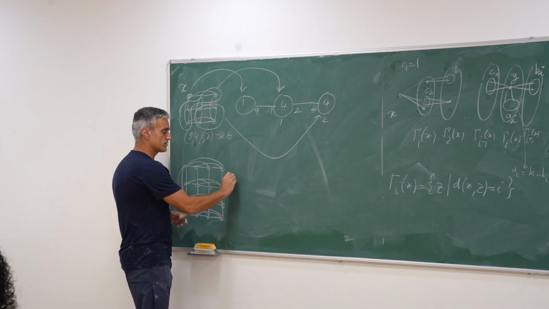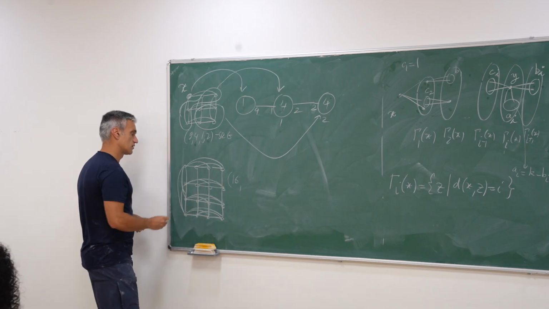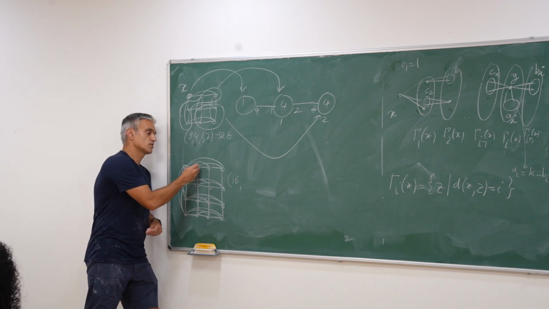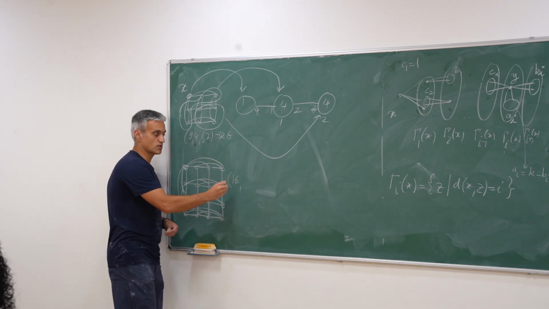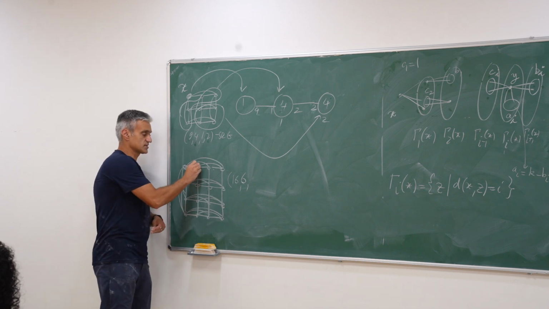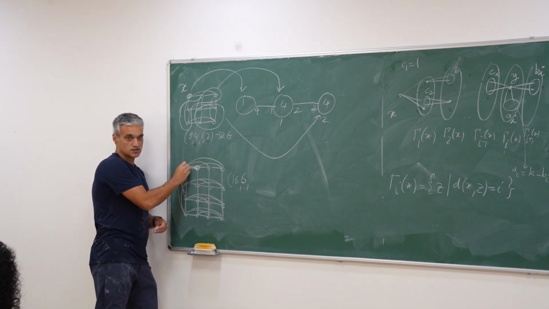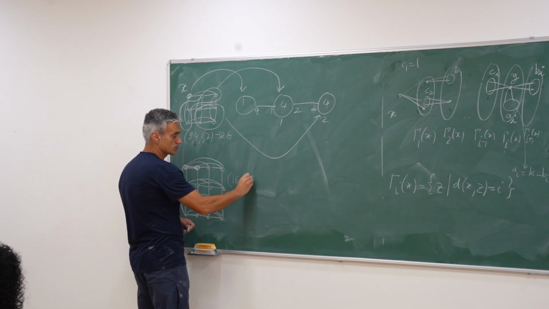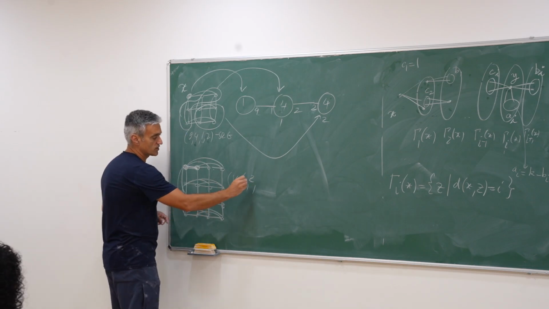So this graph will have 16 vertices. What's the valency? This vertex will have 3 neighbors on the row, 3 neighbors on the column, 6. Any 2 adjacent vertices like this and this will have 2 common neighbors here, and they cannot have any common neighbors here, so there will be 2. And any 2 non-adjacent will have 2.